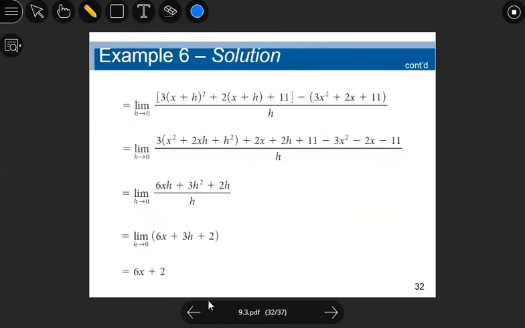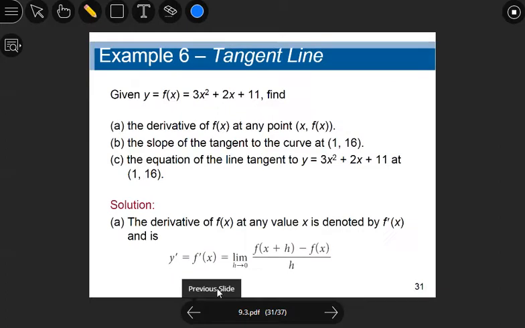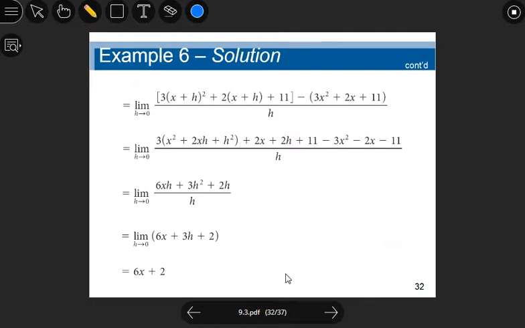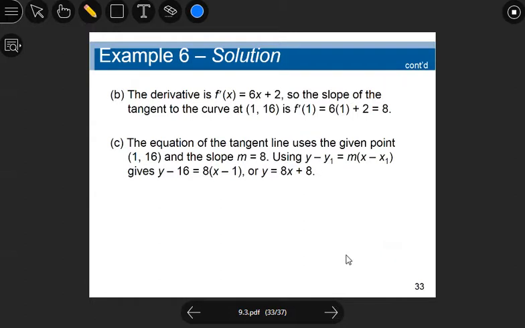But the problem is asking to find the slope of the tangent line at (1, 16). So now you need to substitute the coordinates. For example, this is the line and this is our point (1, 16). Here the important one is the x coordinate. So substitute this x coordinate into this one, and you can find the slope at that point.